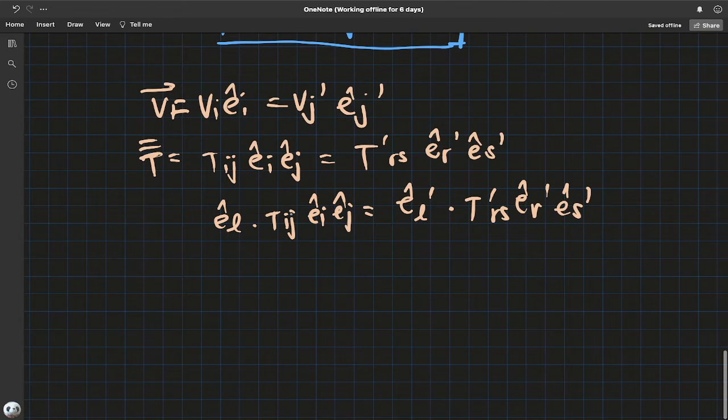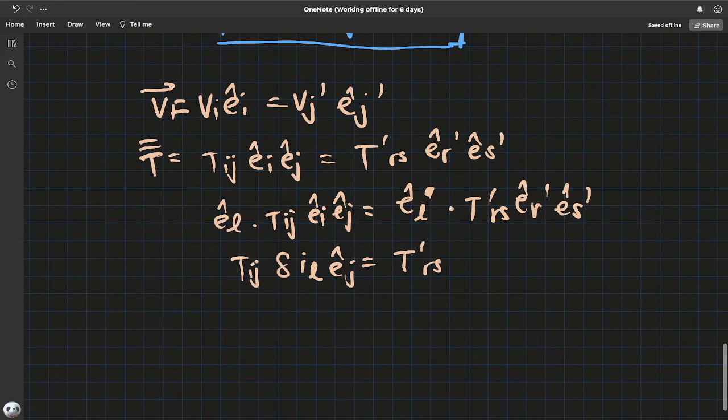Well, t sub ij is a scalar, so it comes out: e sub l hat dot e sub i hat. Again, the order is important. We have to take i, not j. That will give us t sub ij canonical delta il, times e sub j hat, which is equal to, well, there was no prime, I'm sorry about that, t prime sub rs, well, e sub l hat dotted with e sub r prime.